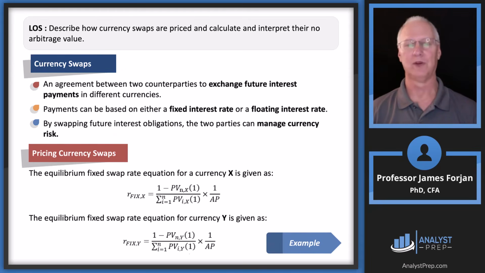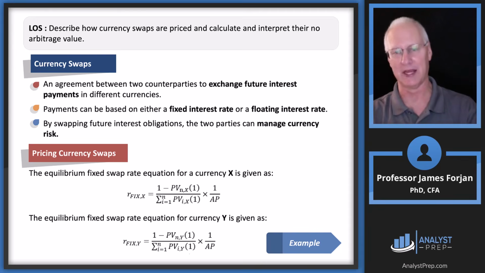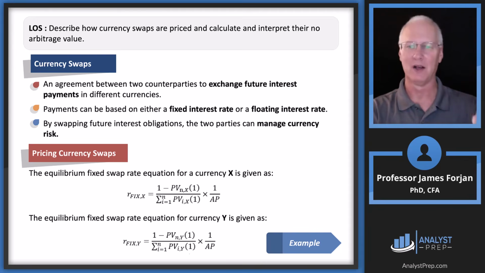Currency swaps. Well, we're going to do the same thing. However, we need to make sure that we have our numerating currency and our denominating currency in the same numerators and denominators. And that's really the only way, the most likely way, that you'll miss this example.